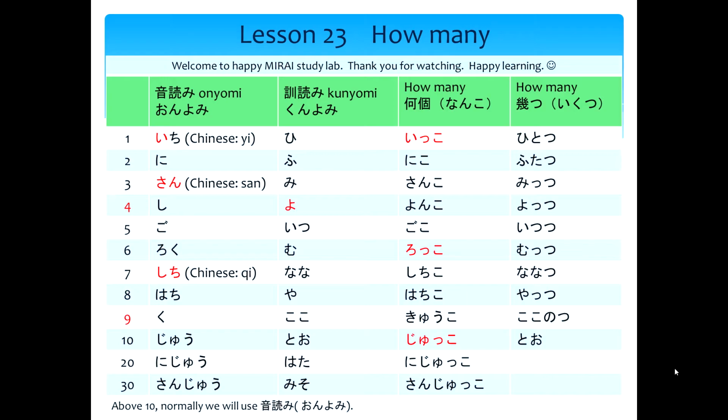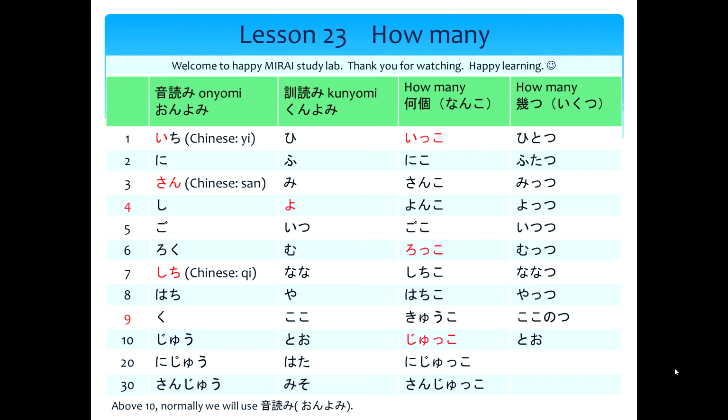So these are the number pronunciations under kunyomi. One more time, I will read it in sequence: hito, futa, mi, yo, itsu, mu, nana, ya, kokono, to, hata, miso.